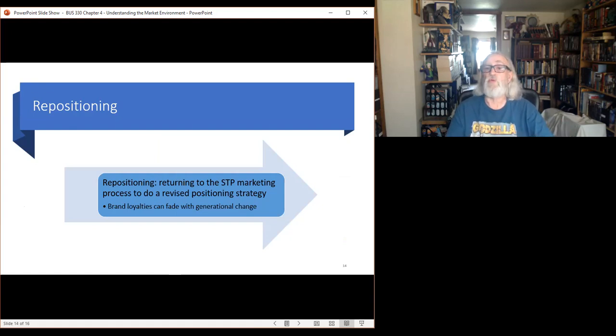And so you return to the STP marketing that you did originally, and you either throw it out completely, or you just come up with a revised strategy that improves on it, that acknowledges weaknesses, says, here's a strength, let's build on it. Here's a weakness, let's throw it out. Let's work around it, and so forth.